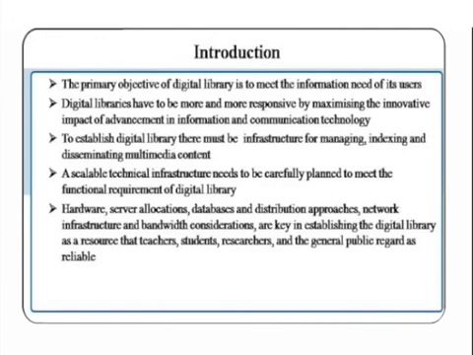A scalable technical infrastructure needs to be carefully planned to meet the functional requirements of a digital library. Hardware, server allocations, database and distribution approaches, network infrastructure, and bandwidth considerations are key in establishing the digital library as a resource that teachers, students, researchers, and the general public regard as reliable.